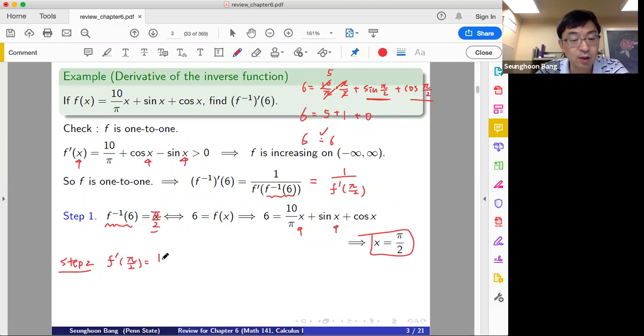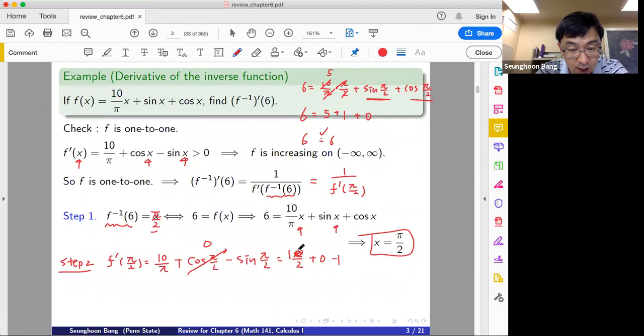So we have 10 over pi plus cosine of pi over 2 minus sine of pi over 2. Cosine pi over 2 is 0. Sine pi over 2 is 1. So this is like 0 minus 1. Sorry, this is 10 over pi. Sorry about that.